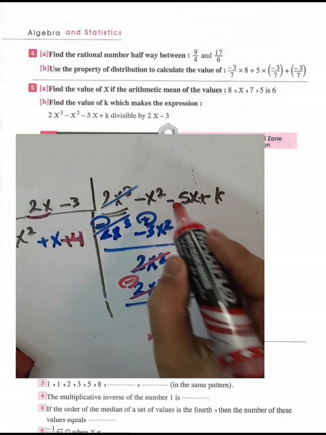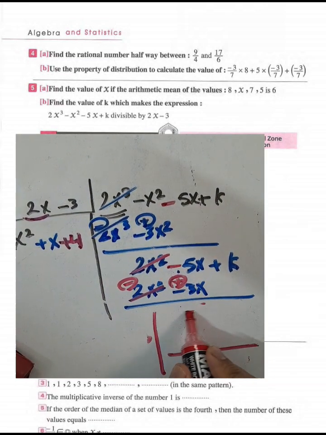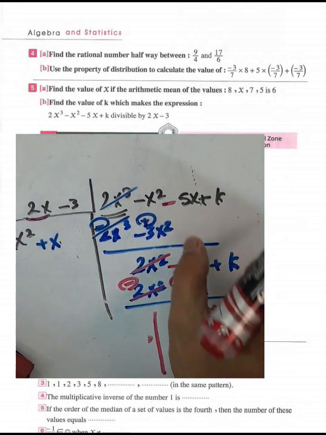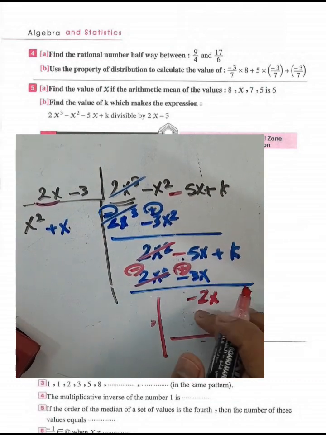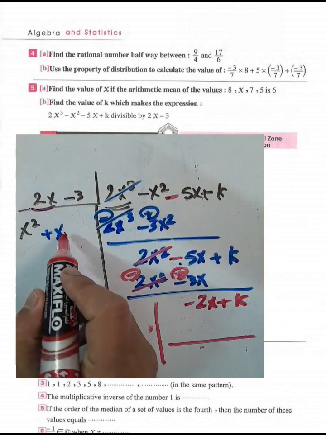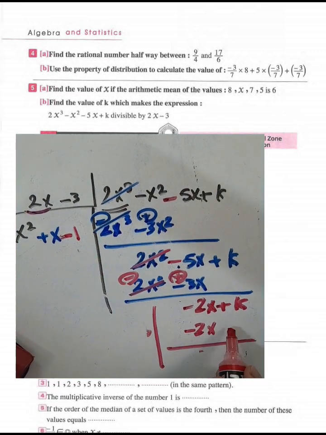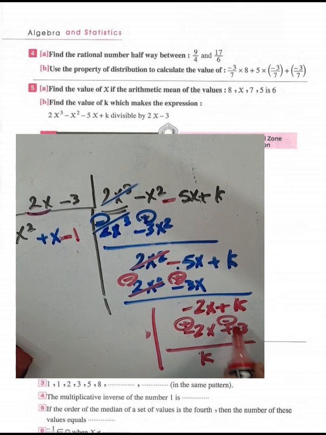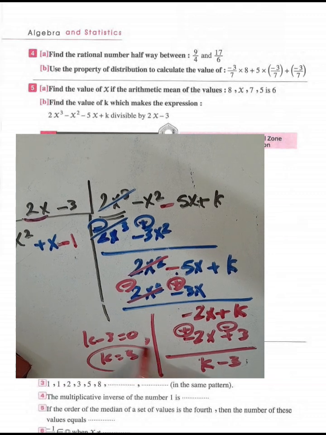Since we have the sign negative here, not positive, negative 5x plus 3x is negative 2x. Again we have this sign negative, so write negative here, and negative 5x plus 3x is negative 2x. Negative 2x divided by 2x is negative 1. Negative 1 times this expression is negative 2x and positive 3. Then we must change the sign here, k minus 3, such that k minus 3 equals 0. Then k here will be equal 3.